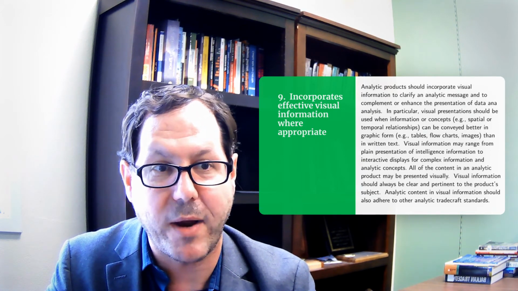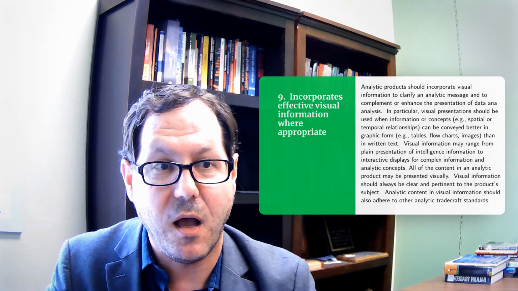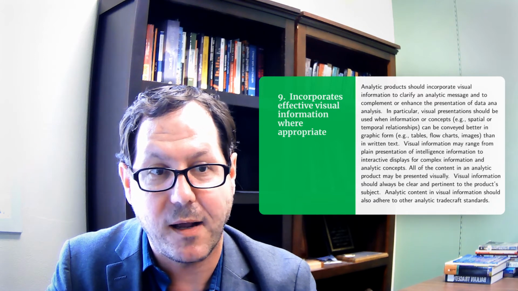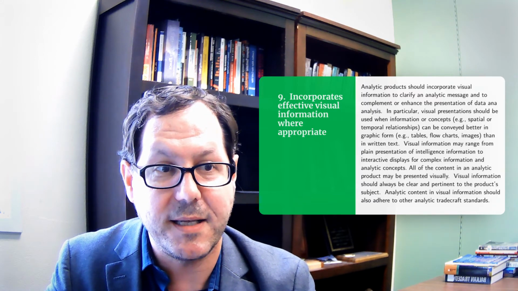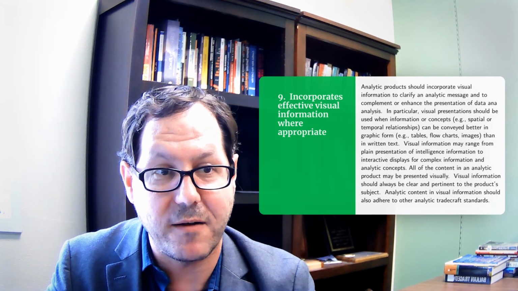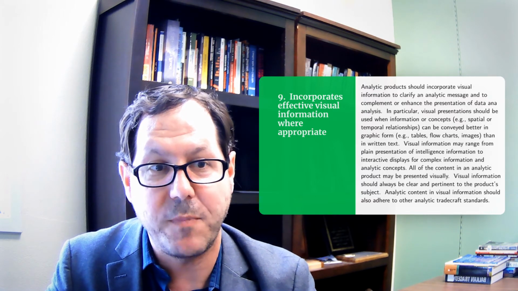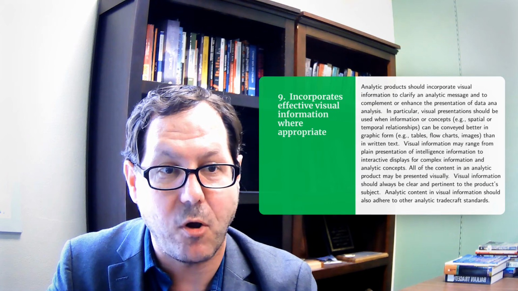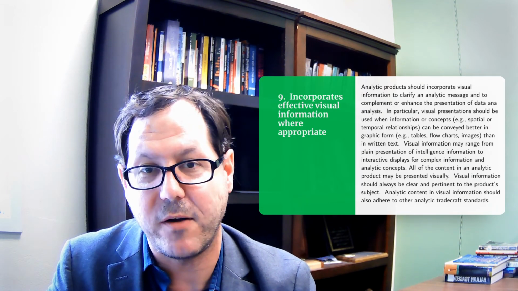Visual information may range from plain presentation of intelligence information to interactive displays for complex information and analytic concepts. All of the content in an analytic product may be presented visually. Visual information should always be clear and pertinent to the product subject. Analytic content and visual information should also adhere to all other analytic tradecraft standards.